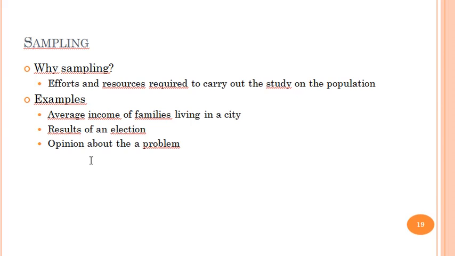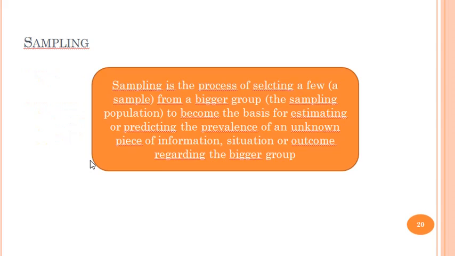For example, if we want the average income of families living in a city, or we want to count the results of an election, or we want to know the opinion of different people on different problems, then all these things require a large population and will necessitate the use of sampling.